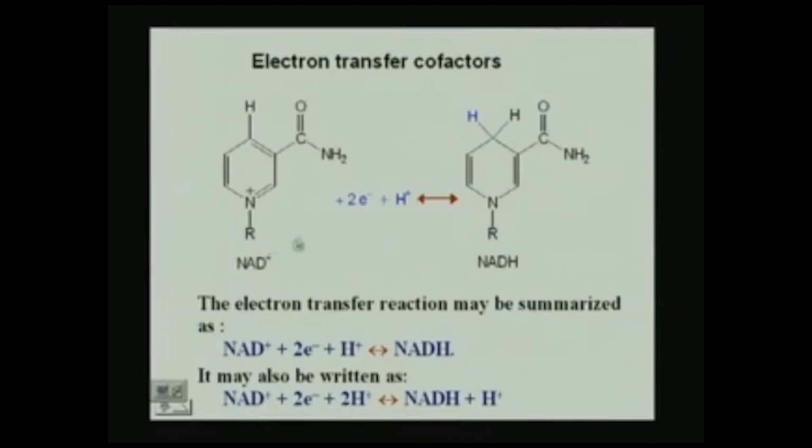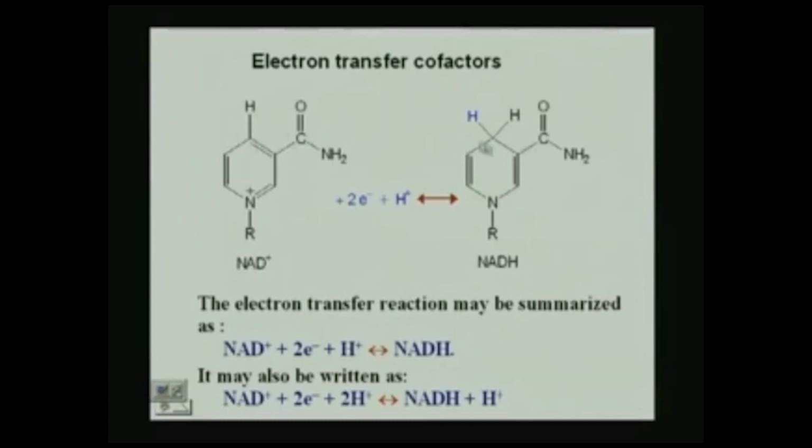Okay. So, we have our basic structure of NAD plus, which is made up of the nicotinamide or niacin. Where did we get this from? From the vitamins that we take in as supplements in our diet. So, we have NAD plus, and we know that the H adds on to this particular carbon atom.